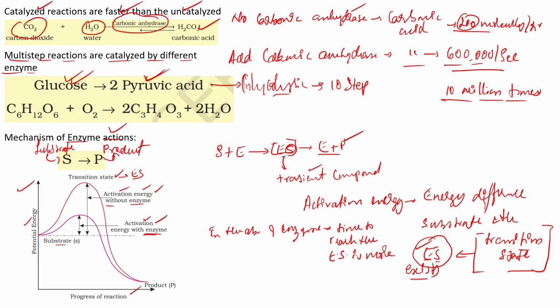That is how enzymes actually work, right? In the absence of enzyme, the time to reach this state is more. But in the presence of enzyme, the energy difference between the substrate and the transition state is lowered, and this lowering is mainly due to the presence of the enzyme.